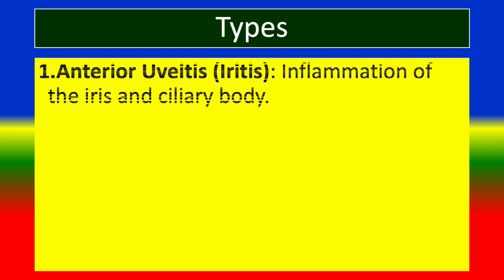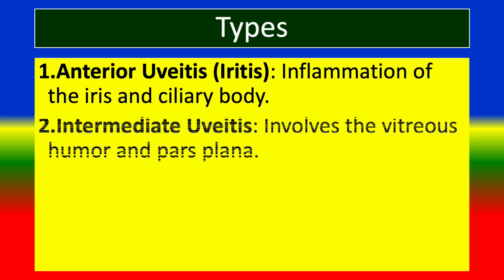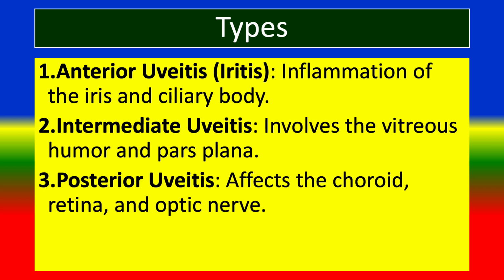Types: 1. Anterior uveitis or iritis, inflammation of the iris and ciliary body. 2. Intermediate uveitis, involves the vitreous humor and pars plana. 3.